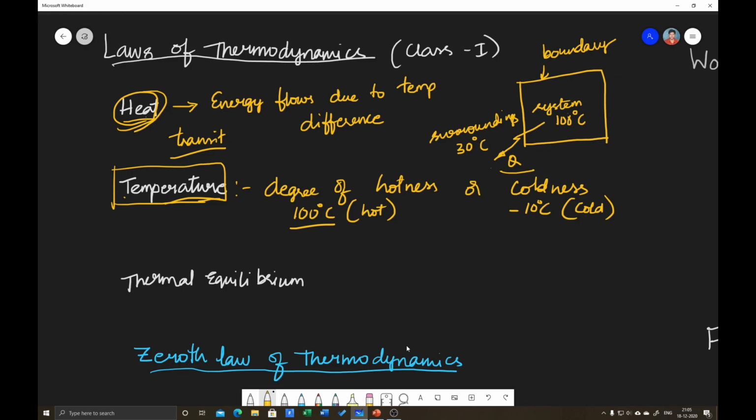The main difference is that temperature is a property or state function.